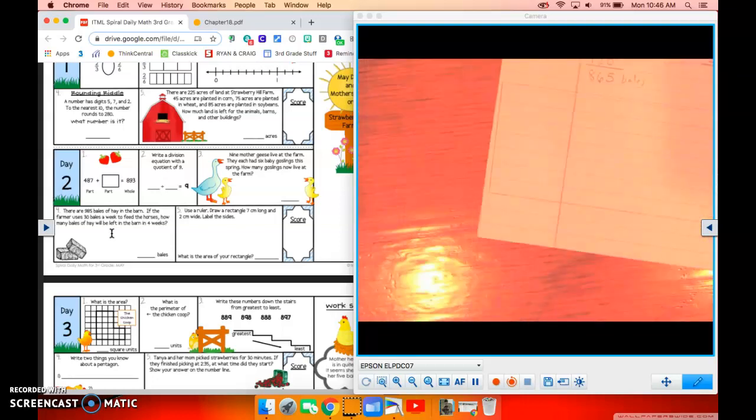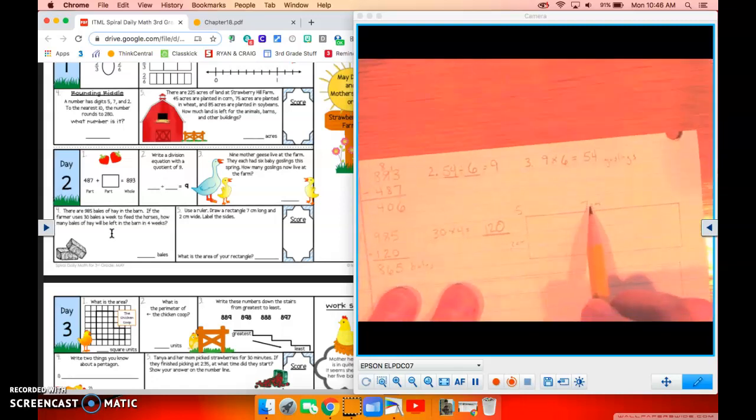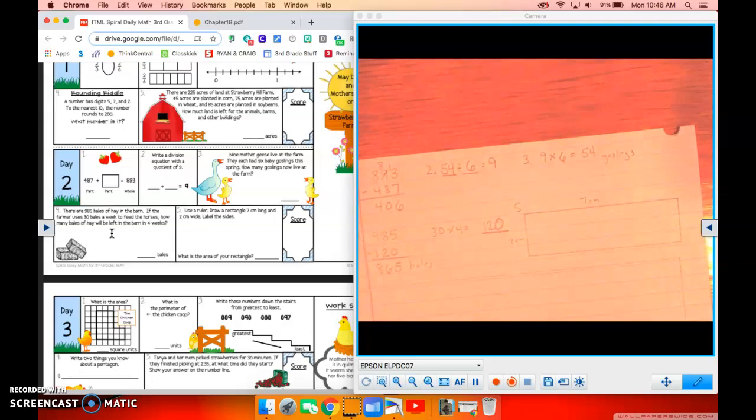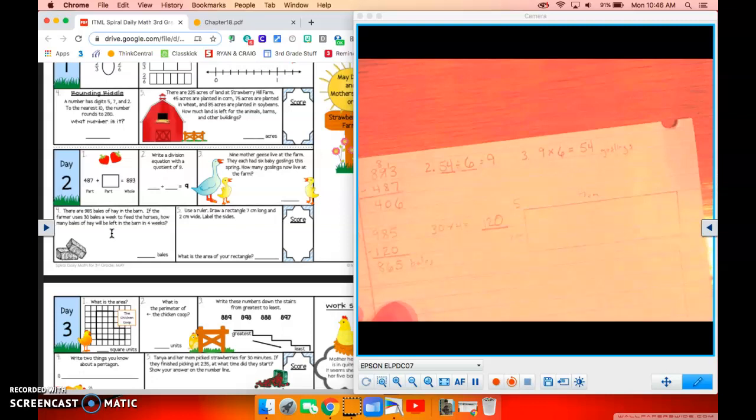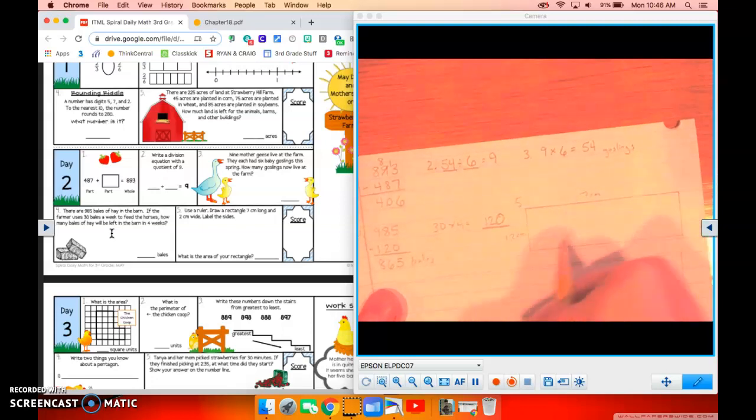Oh, I'm sorry. What is the area of your rectangle? So 2 centimeters by 7 centimeters. So this is multiplication, right? Because we separate this into 7 and this into 2. So what we're doing is 7 times 2, area. 7 times 2 equals 14 centimeters.